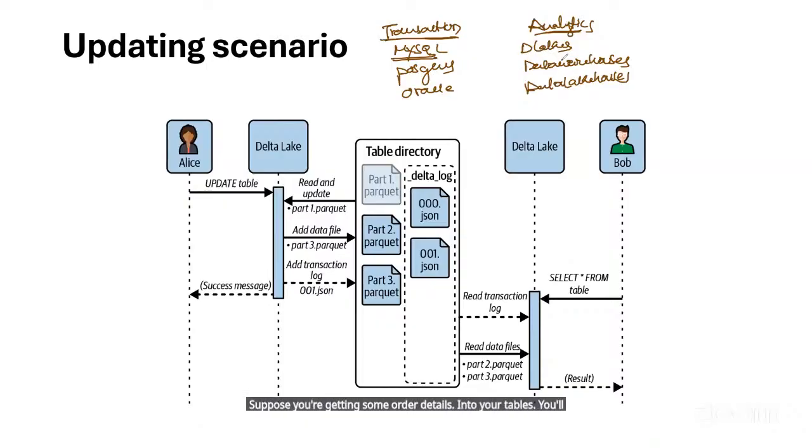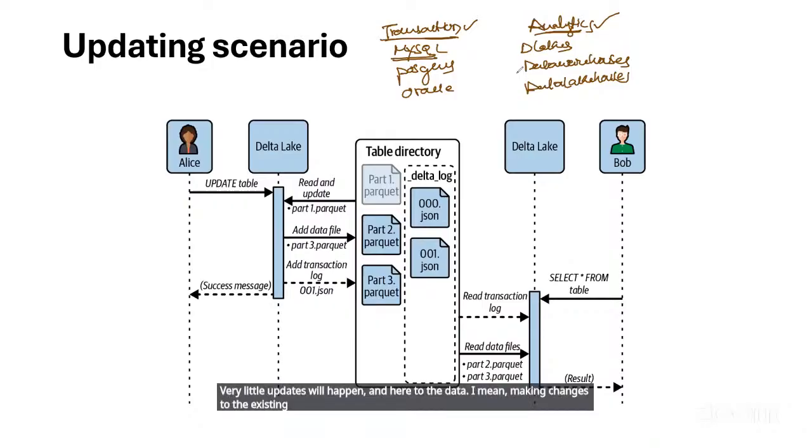You'll get them as they are and you will run analytics on them. You'll not try to update the values. You are not interested in transactions. You are interested in analytics. So very little. It doesn't mean you should not update your data at all. Very little updates will happen here, I mean, making changes to the existing data, existing values.